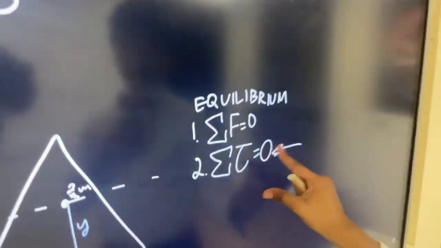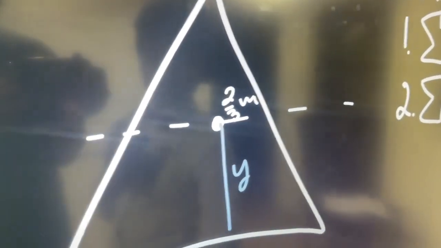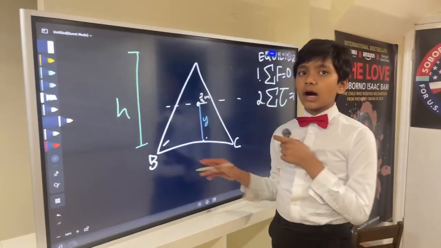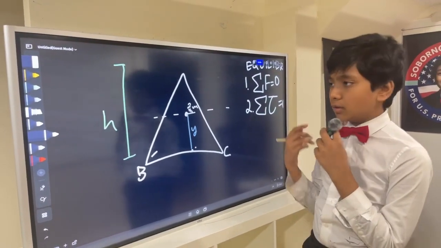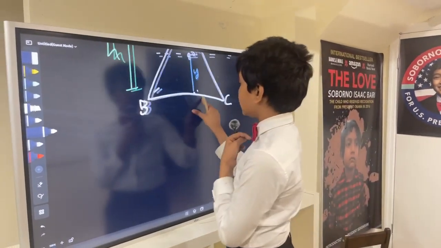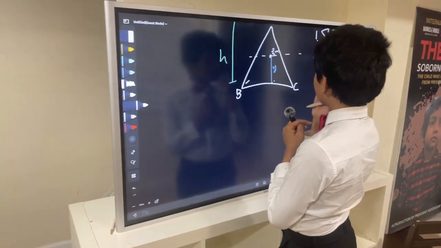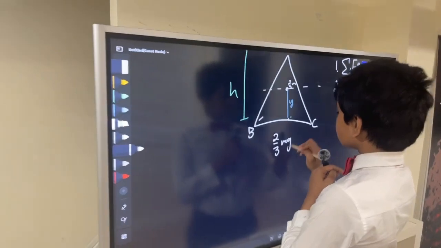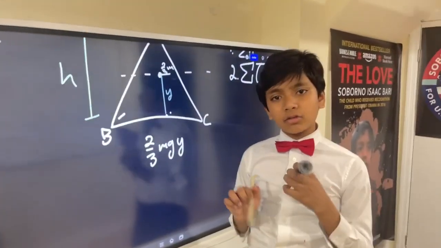Why? Well, because since we have an axis here, we consider BC as just one entire side. So, what is the torque that the weight of this mass exerts on BC? Well, it's going to be F, which is 2/3 mg, times R, which is y. You might ask, where's the sine theta in F R sine theta?